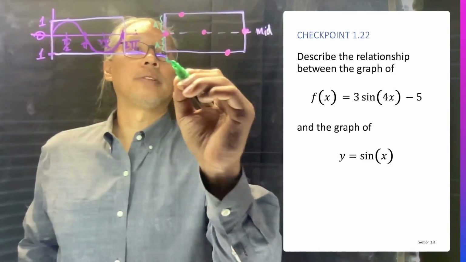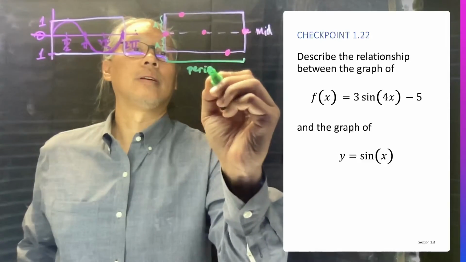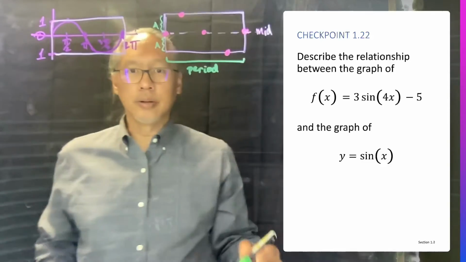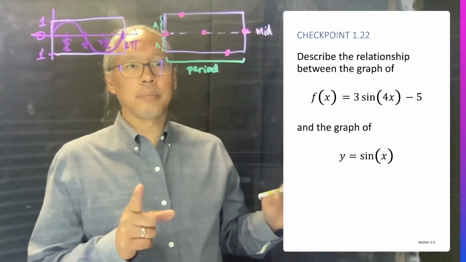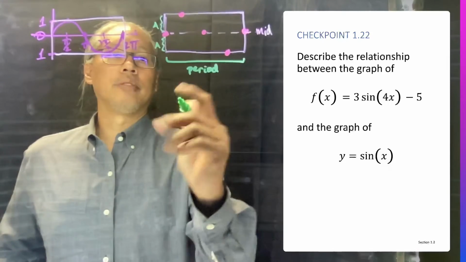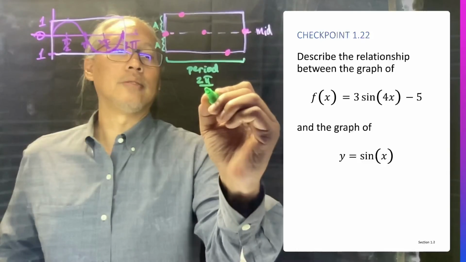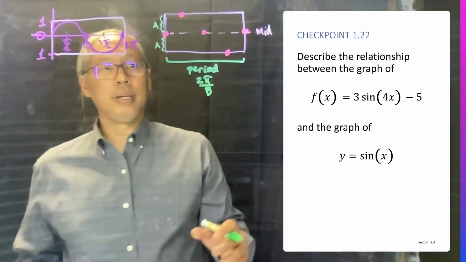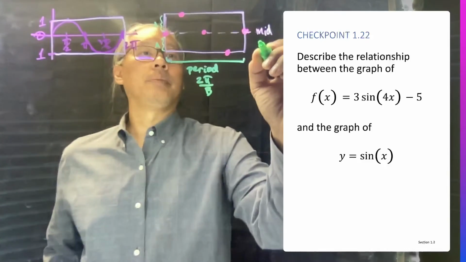We know that this whole thing here is the period. We want the graph to complete the cycle in this period. And the period is going to be given by 2 pi over b. We'll talk about what a, b, and the other variables are. The midline, by the way, is going to be given by d.